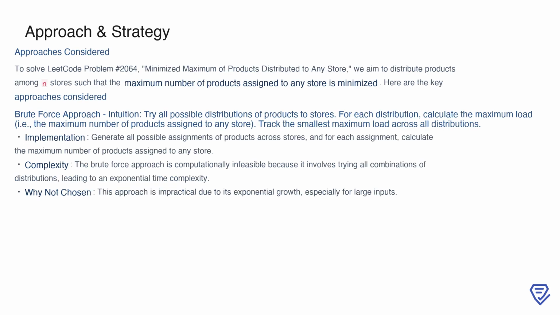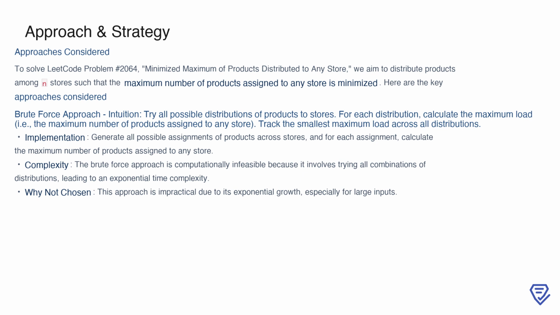To solve this problem, we need to distribute products among n stores in such a way that the maximum number of products assigned to any single store is minimized. One approach we could consider is the brute force method. The idea here is to test all possible ways of distributing the products across the stores. For each distribution, we would calculate the maximum number of products assigned to any store and keep track of the smallest maximum load we encounter.